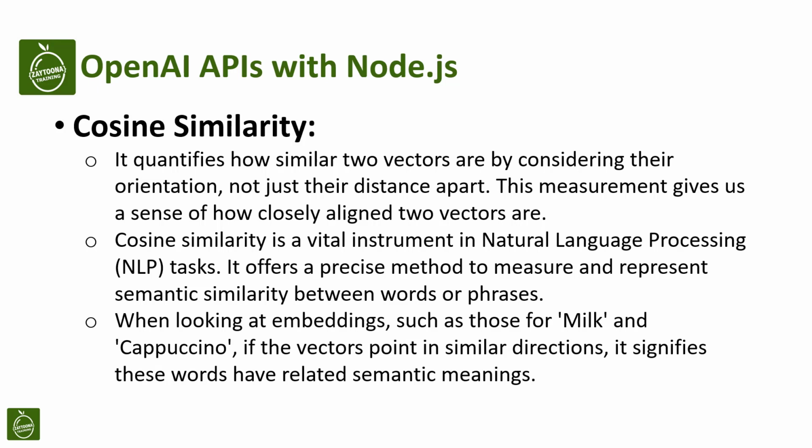If we have embeddings for the words milk and cappuccino, the cosine similarity between these embeddings will tell us how semantically similar these words are. If the vectors point in a similar direction, the angle between them is small, and so the cosine similarity is closer to 1. It suggests that these words are likely to have related meanings.